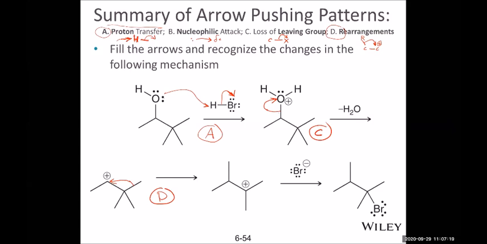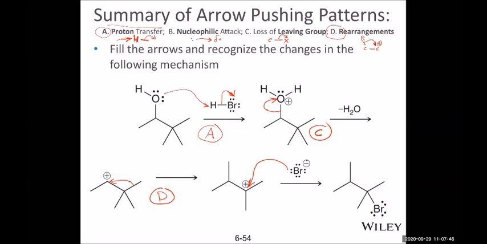And finally, we'll get to the last step. The carbocation reacts with bromide. It should be a simple reaction because we need to form a new bond, and bromine now becomes part of the structure. So the bromine should use its lone pair to form the bond. It's one step, just forming a bond.